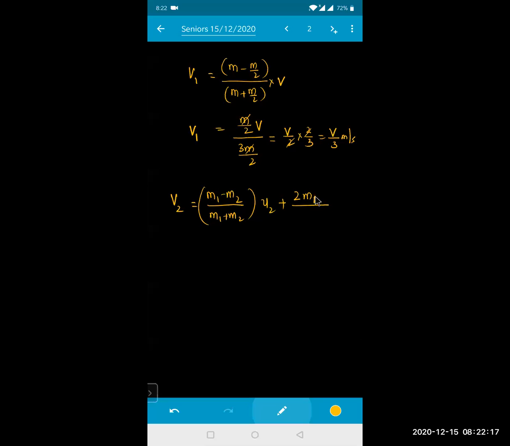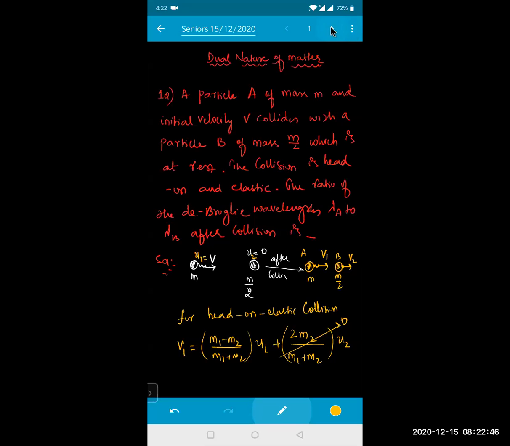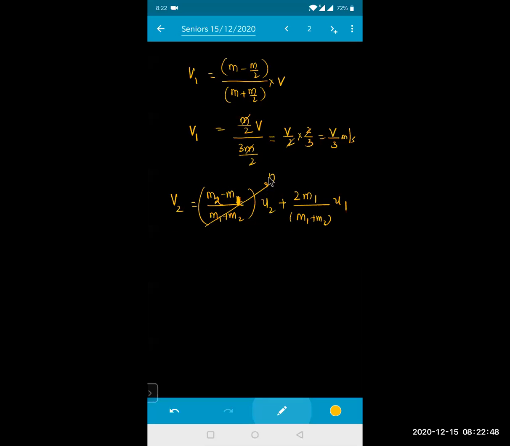That means this becomes m1 divided by (m1 plus m2), this is m2 minus m1, into u1. So u2 is equal to how much? u2 is equal to 0, so this total term will become 0.